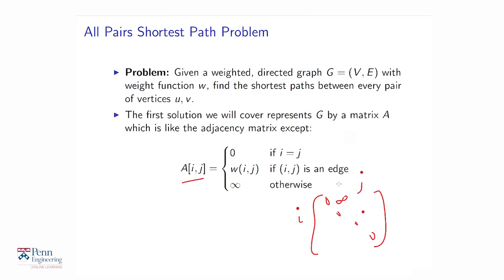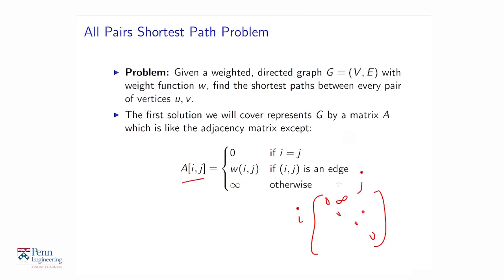Each entry represents the length of the shortest path which uses at most one edge, or one hop. So the length of the shortest path from i to j using at most one hop is the entry a_ij. Why is that? Well, what are all the at most one hop ways of getting from i to j? If i equals j, you don't have to do anything, and the shortest path is of length 0.